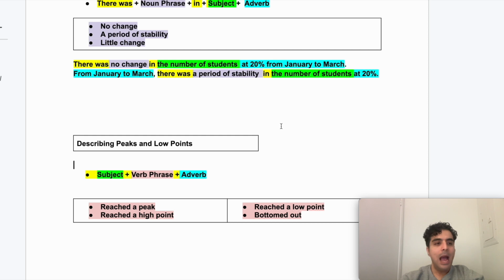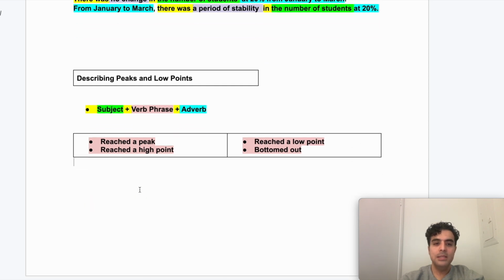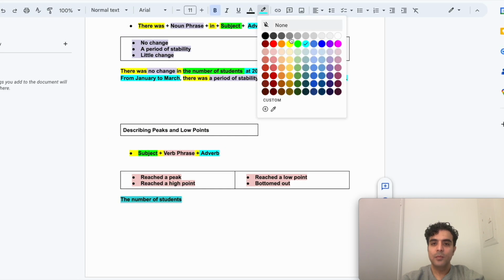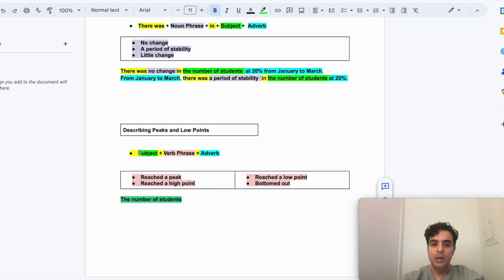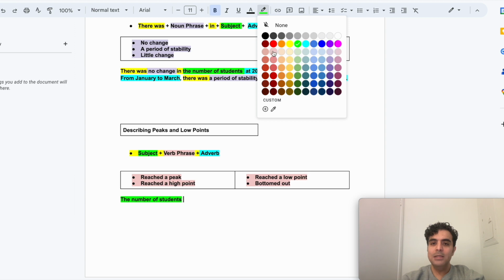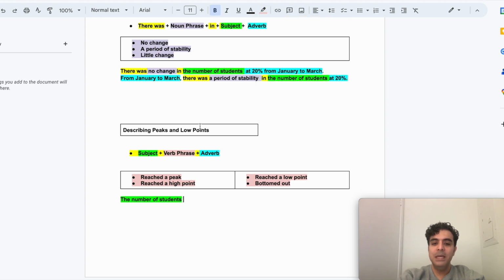So let's see how we can put these sentences into action. I'll start with my subject, the number of students. That is going to be green, corresponding to this part of the structure. And then I need my verb phrase. So the number of students, and I want to talk about a peak.